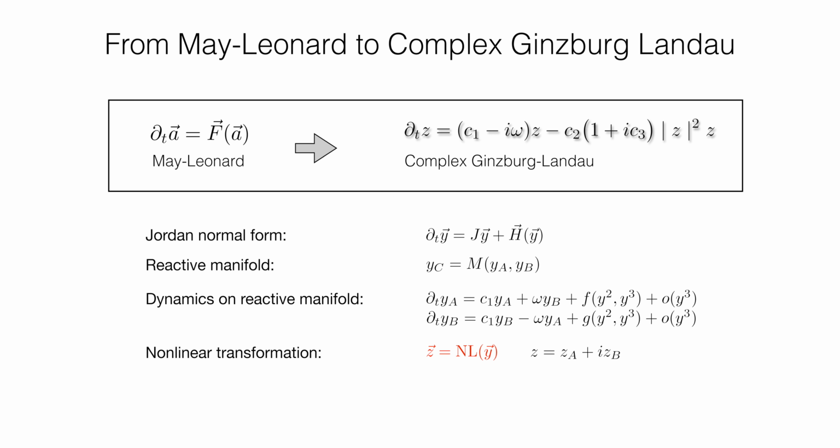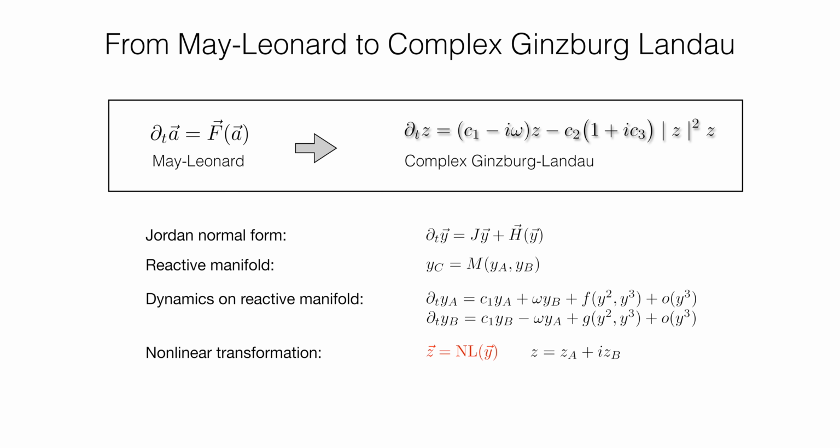And once you have the slow manifold, you can write the equation on this slow manifold in terms of the linear part and some nonlinear parts. And they're just indicated here conceptually. And as you see, these are complicated functions in general, depending on second order and third order terms of YA and YB.